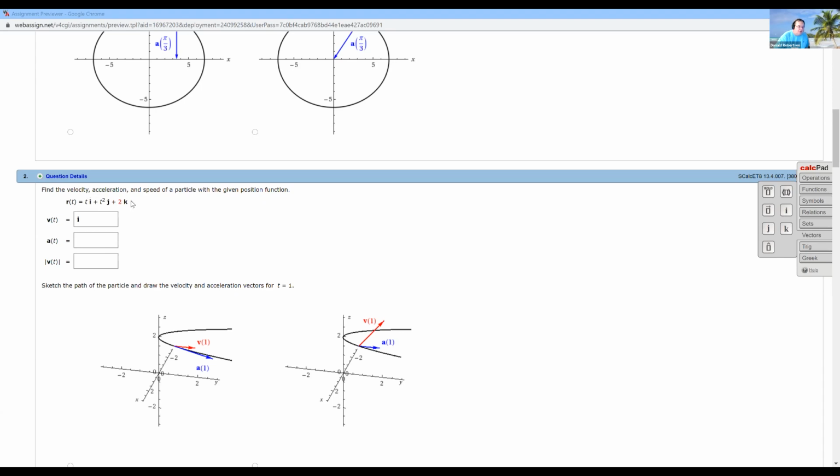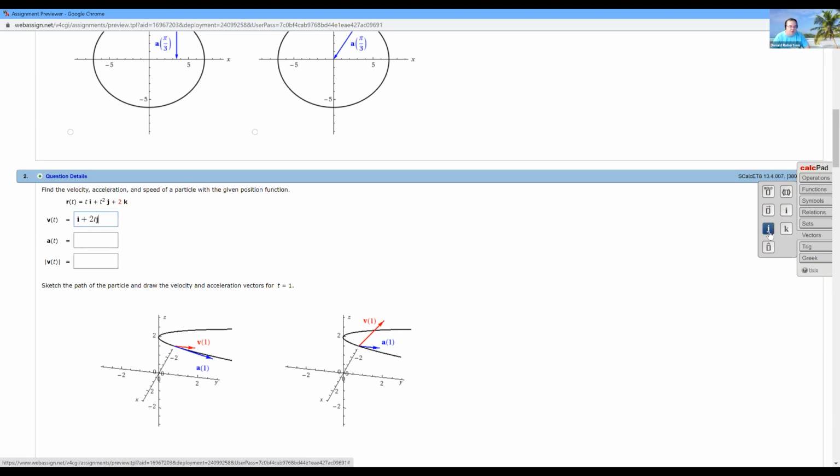It looks to me, because they're using ijk, that that's the format they want the answer to be. So if you differentiate t, you get 1i. If you differentiate the middle term, you get 2t, so that would be plus 2t, and won't I stick a j next to it?